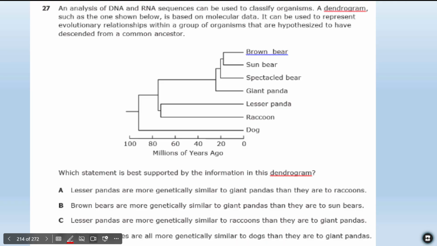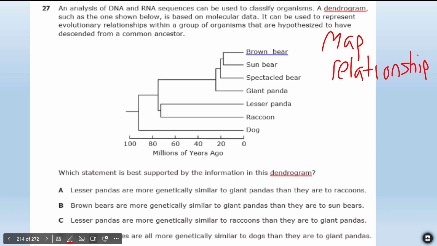All right, here is a dendrogram problem. Now, dendrograms show us we can map relationships. So here we see an example of some types of bears, or ursine populations here.